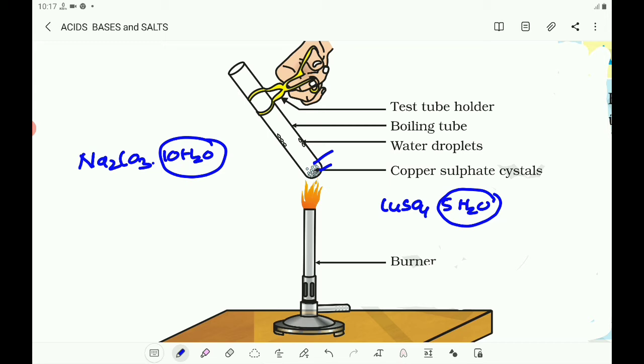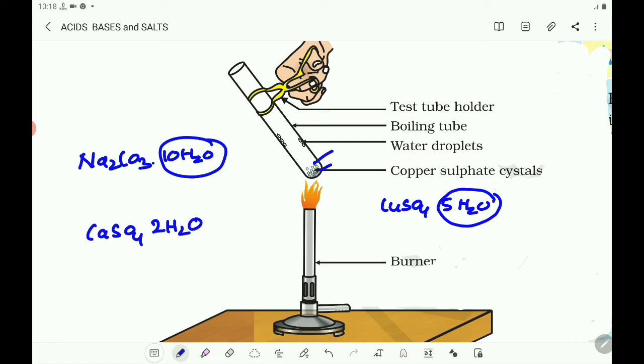Another salt which possesses water of crystallization is gypsum. Gypsum has 2 water molecules as water of crystallization, that is CaSO4 2H2O, calcium sulphate dihydrate.